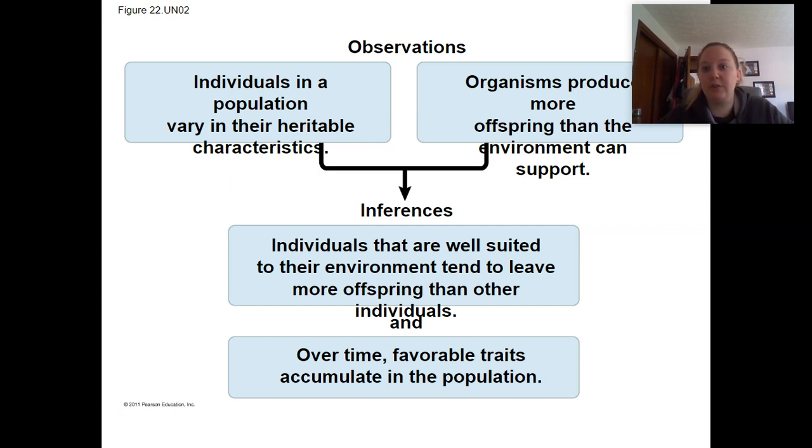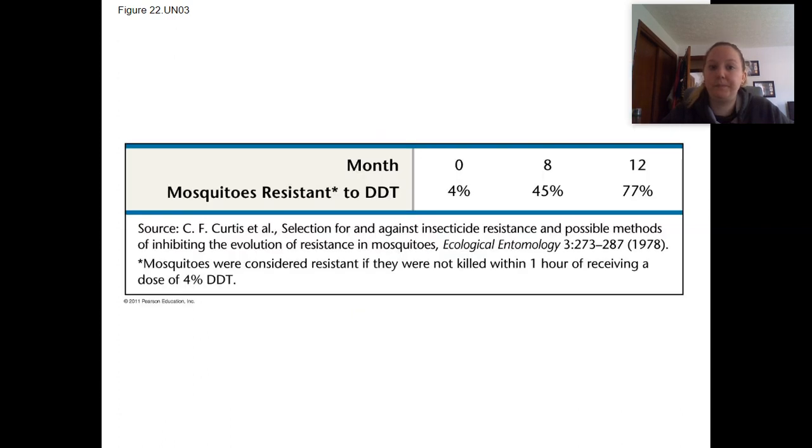The human population is growing exponentially, and the environment cannot support an exponential amount of humans, which allows us to infer that individuals well suited for their environment tend to leave more offspring than other individuals can, and over time, favorable traits can accumulate in the population. This is just talking about mosquito resistance to DDT, which is a pesticide to help keep mosquitoes away.